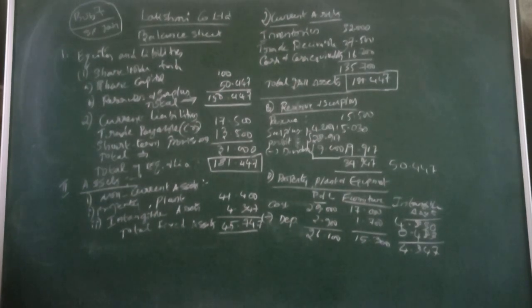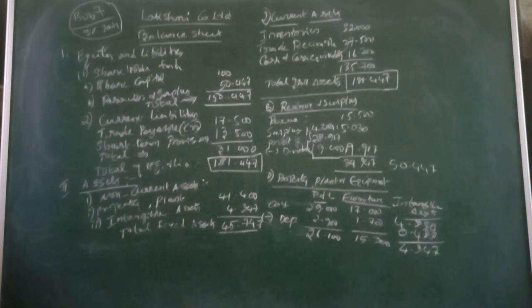So the total profit minus the dividend balance is 19.917. That amount is added along with the surplus 15.03. The surplus we have ascertained plus the reserve given in the question, both taken together as 50.447, is taken in schedule number B, which is part of shareholders' funds.